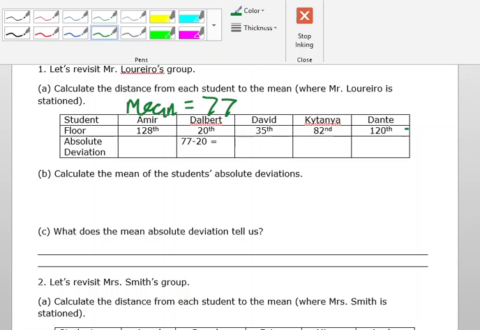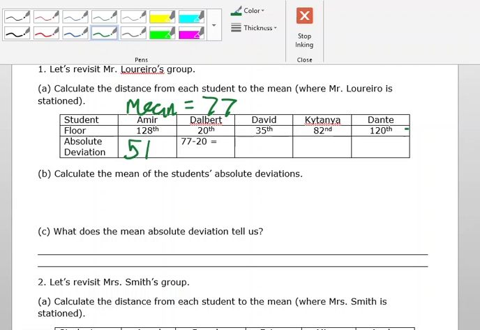But now I am looking for the mean absolute deviation. I need to go to each point of data and see how far away that point is from the mean. For example, if Amir is on the 128th floor, he is 51 floors away from 77.